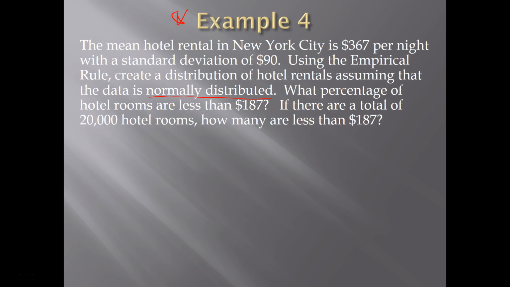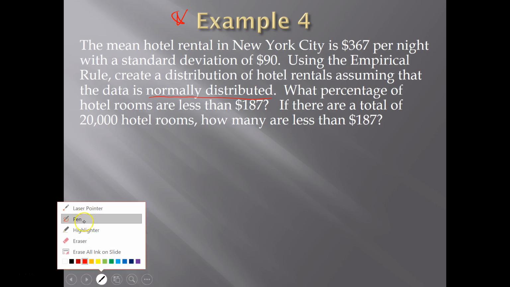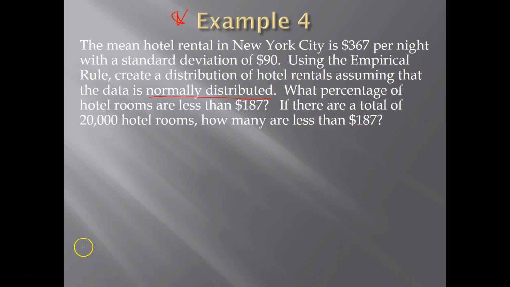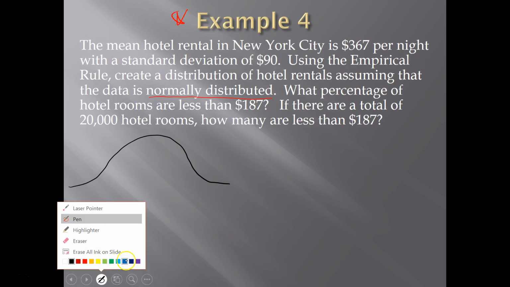I'm going to stop. I'm not even going to read any further because I know the fact that it said normally distributed means I am going to have to draw myself a bell curve. All right, and on that bell curve, I want to go through and label my z-scores.